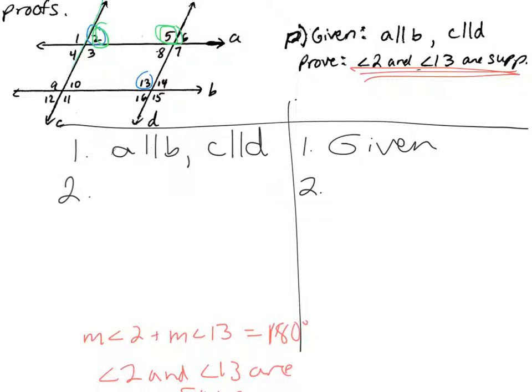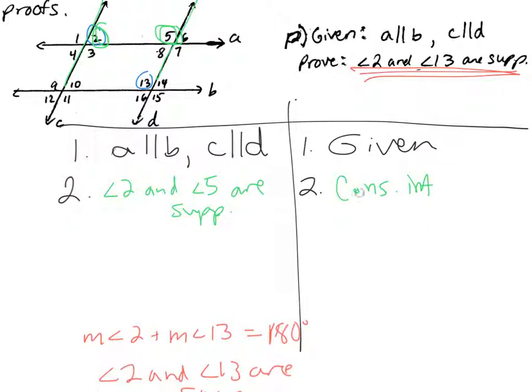If you're looking at lines C and D, they're both inside. I'm looking at the top half of my picture right now. They're both inside between the two lines, and they are on the same side of my transversal. So I'm going to state that angle 2 and angle 5 are supplementary.